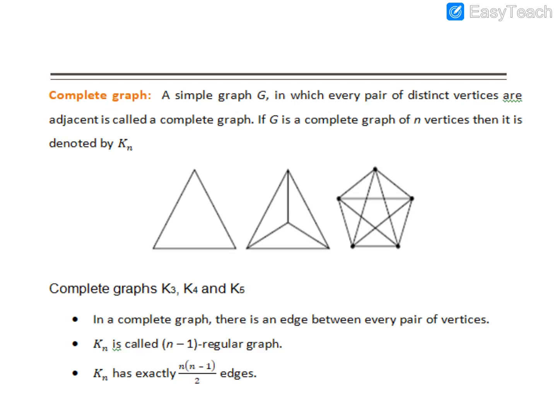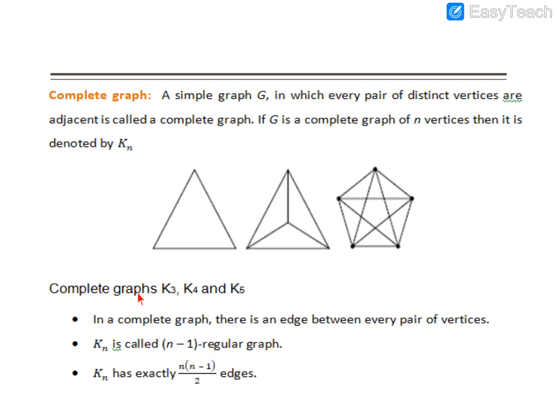Definition of complete graph: a simple graph G in which every pair of distinct vertices are adjacent is called a complete graph. If G is a complete graph of n vertices, then it is denoted by Kn. So this means that each and every vertex is connected with, that is adjacent to, every other vertex.